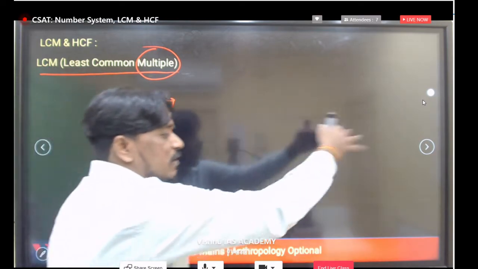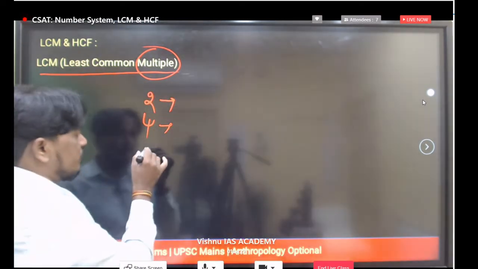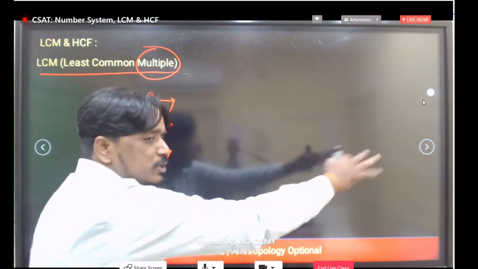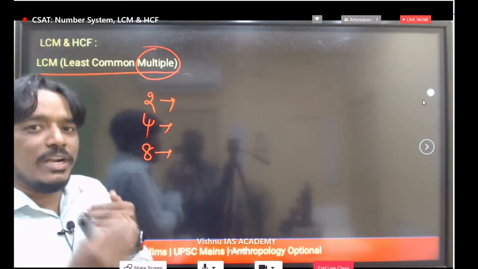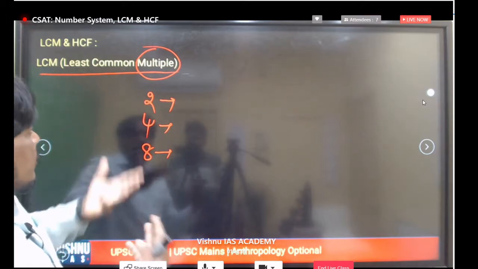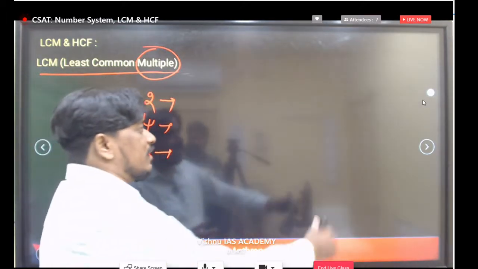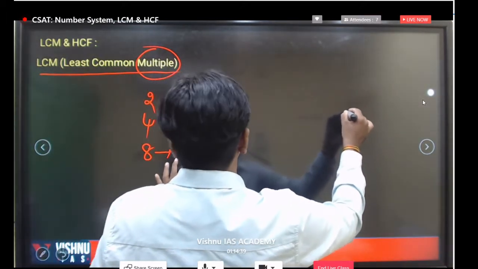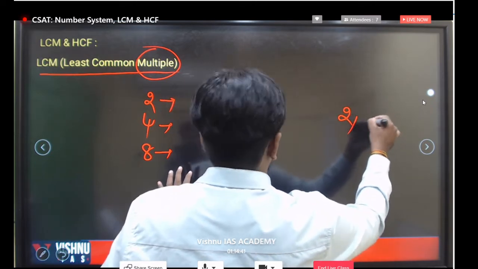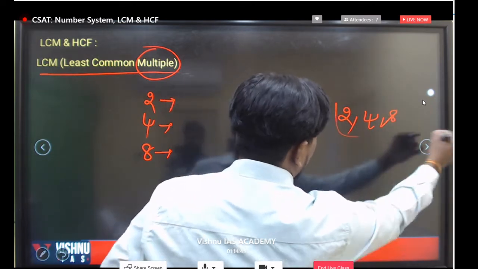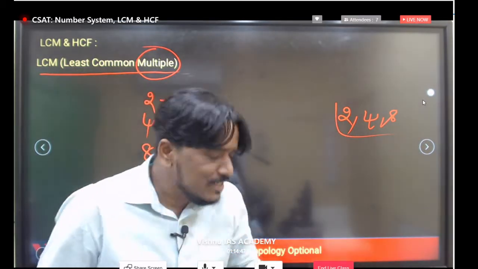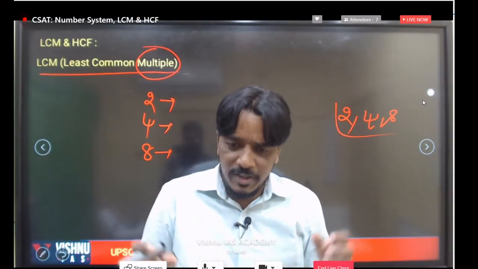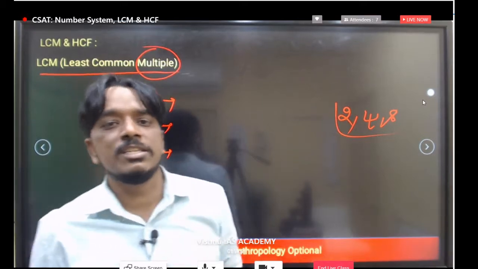Just take multiples of 2, multiples of 4, or even if you want, multiples of 8. Everyone knows there are different methods to identify it. So we have to find the LCM of 2, 4, 8. You can apply the division method also. But in UPSC, this method is also enough. No need to solve in very little time, because the questions you will get are very simple.